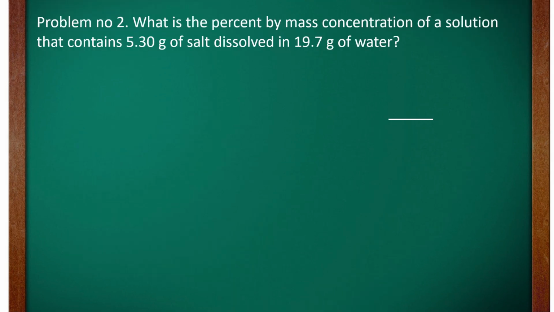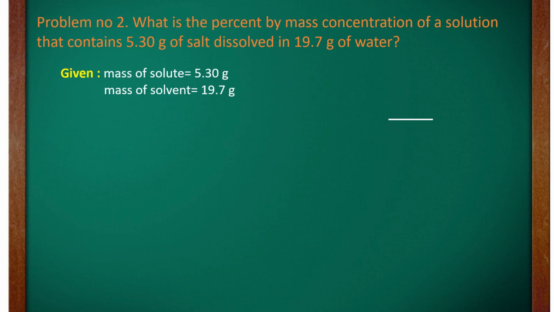Now, let's have problem number 2. What is the percent by mass concentration of a solution that contains 5.30 grams of salt dissolved in 19.7 grams of water? Let's have the given. The mass of solute is 5.30 grams and the mass of solvent is 19.7 grams.